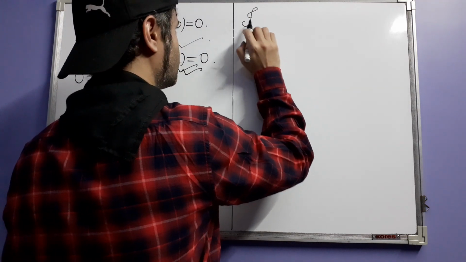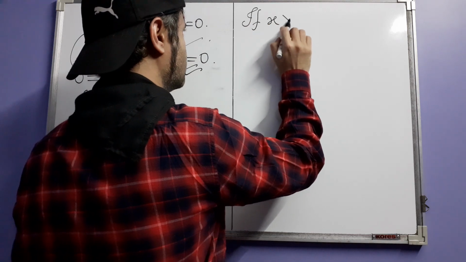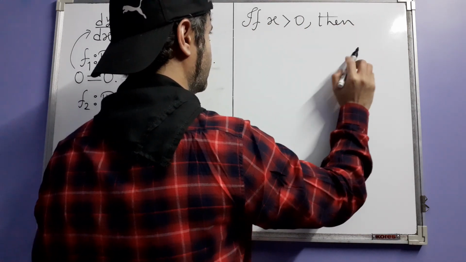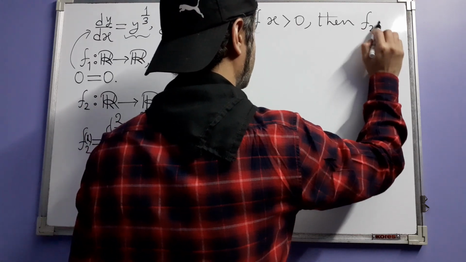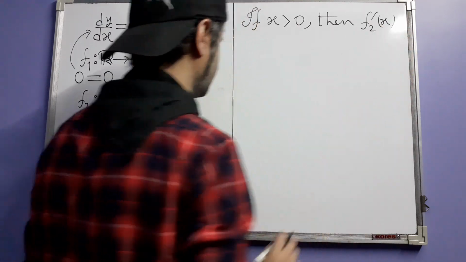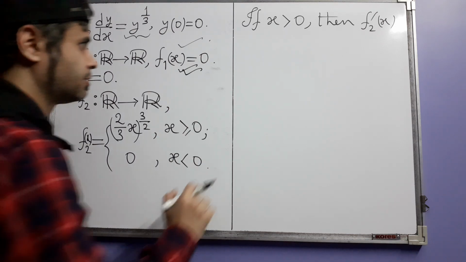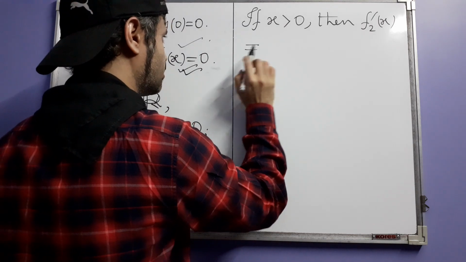If x is greater than 0, then you can find the derivative of f2 at x by using your usual calculus formula, chain rule and those things.